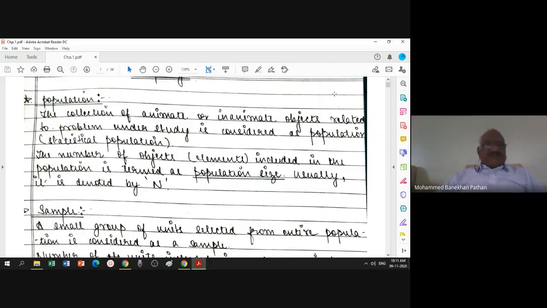In statistics, population is defined as the collection of animate or inanimate objects related to the problem under study, which is considered as population, or more precisely statistical population. You can now easily see the difference between the concept of population through sociology and through statistics.